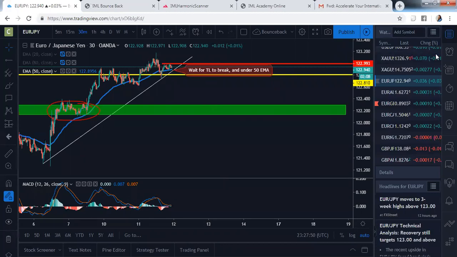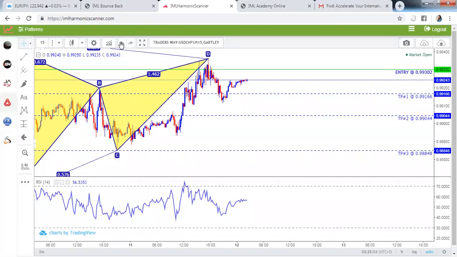Clear. Awesome. Good. So the last thing that I'm going to go through now, let's just look at time, see what we have. 10 minutes. So the last thing I'm going to go through is the harmonic scanner. Using the harmonic scanner now with Bounceback. So let me look for a trade.